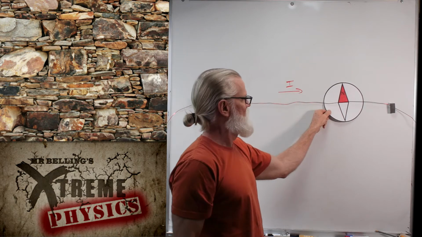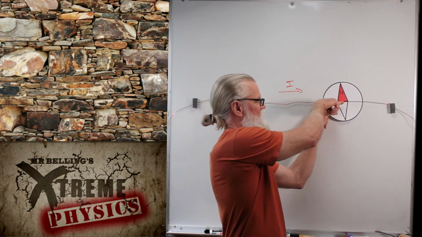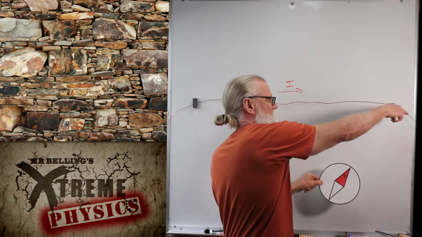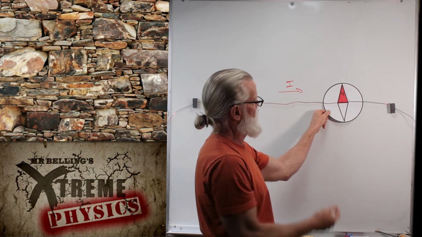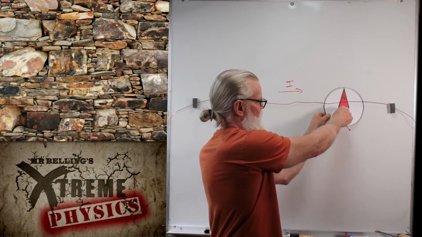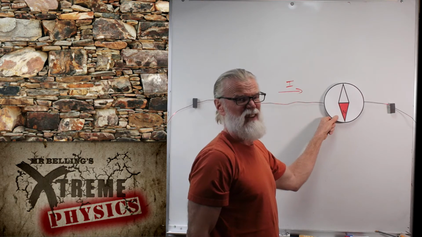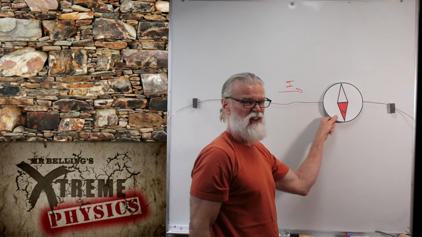You can reasonably figure you've got symmetry around the wire. We've got current going like this, and we probably have some sort of symmetry when we go around the wire. And if it looks like that when I put the compass below the wire, and like that when I put it above the wire, hopefully you could reason that, well, this is a circle, right?